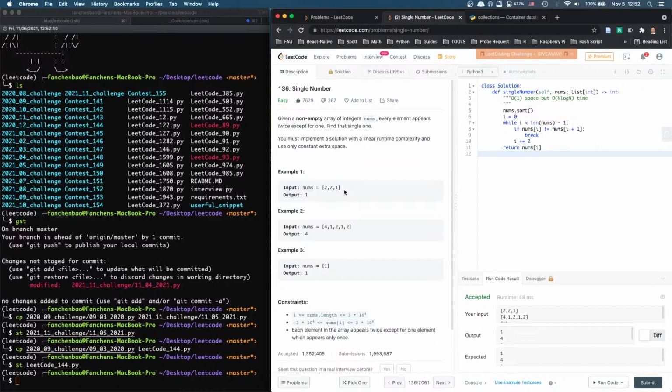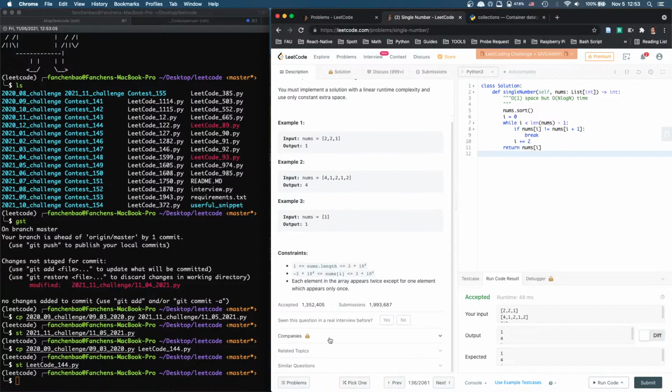And yeah, it's still not working. Well, I have doubled up on the odd numbers. How do you differentiate? I don't know. This one got me. I need a hint.